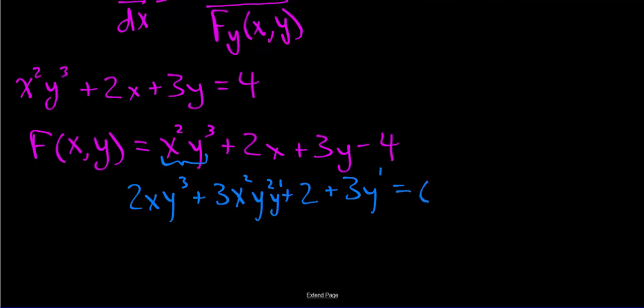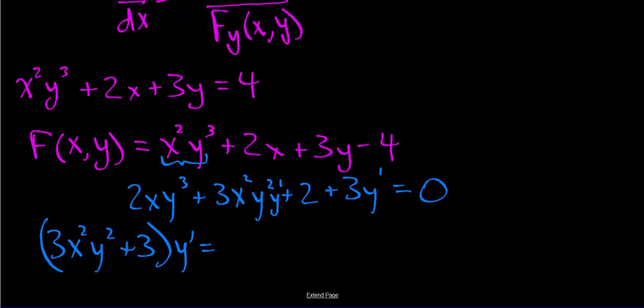And of course, this is equal to 0. Now, let me gather my y primes together. I've got (3x squared y squared plus 3) y prime. Let me not move everything else to the other side yet, just write it here. So it looks like I've got 2xy cubed plus 2 equals 0.